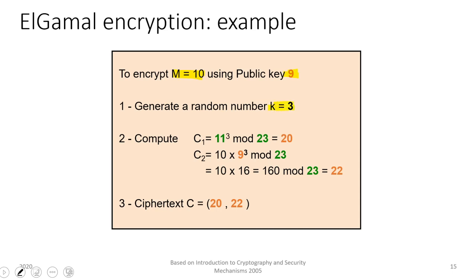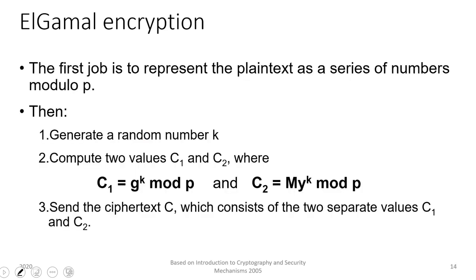Then we can generate a random number, and we produce the ciphertext as a pair of two different values, C1 and C2, which are computed slightly differently.